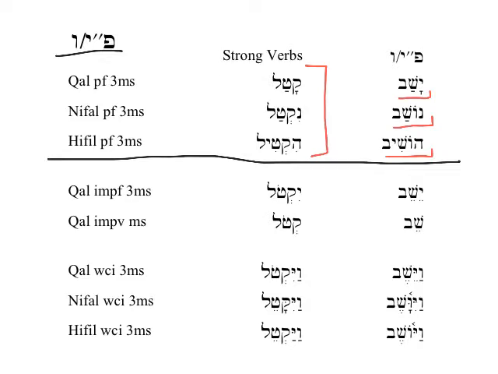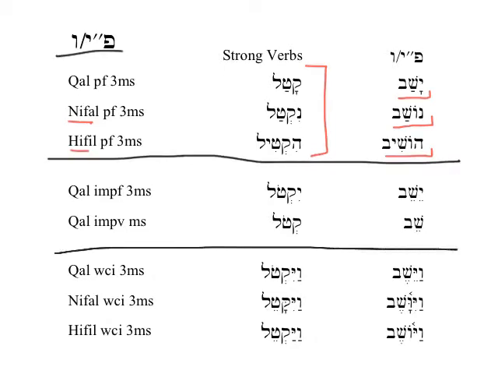Many of them are peh-vav verbs, and it only comes out in the nifal stem or the hifil. So in this case, we see noshav or hoshiv. And so what appeared to be a yod comes to its true character as a vav in the nifal or the hifil. That's something to be aware of and pay attention to as we go along.